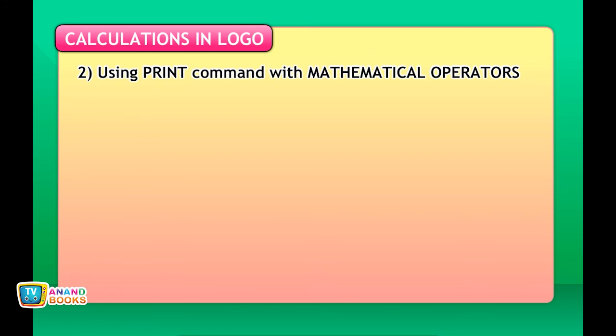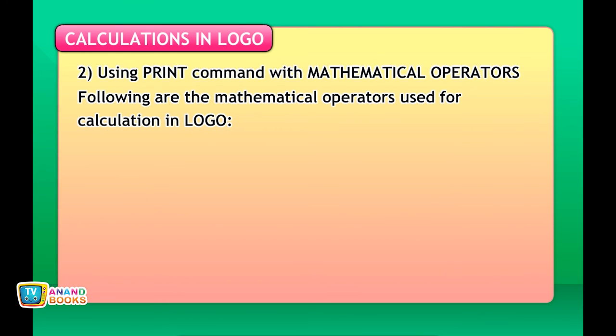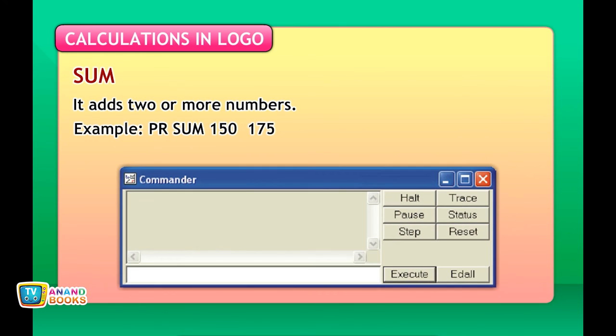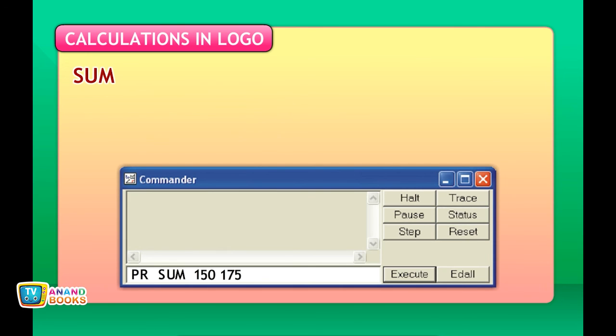2. Using print command with mathematical operators. Following are the mathematical operators used for calculation in Logo. Sum. It adds 2 or more numbers. Example, PR sum 150, 175.